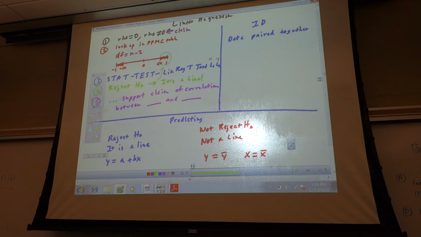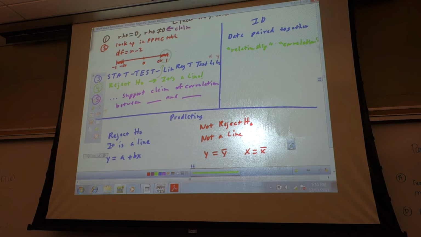Well, in the actual problem, we should say to test whether there's a relationship between X and Y. It should ask for relationship or correlation. Or it might literally even say something about linear. Might have any one of those sorts of comments.